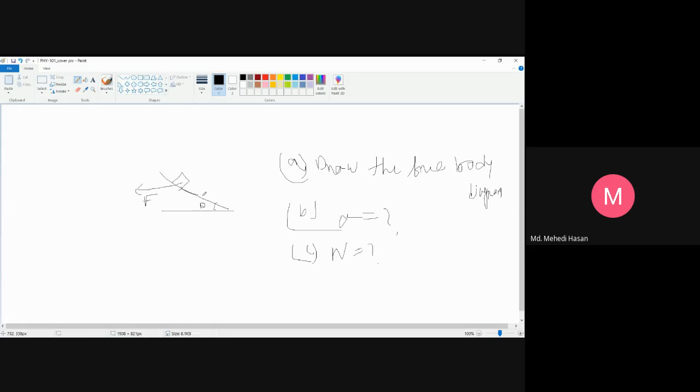If you draw the free body diagram first, then you can easily answer the other parts, because after drawing the diagram, you have to apply Newton's second law along the x-axis and along the y-axis. If you apply Newton's second law on the x-axis, you will get the acceleration, and if you apply it along the y-axis, you will get the normal reaction force.